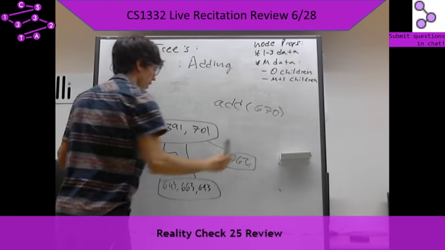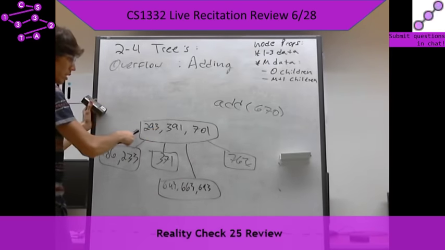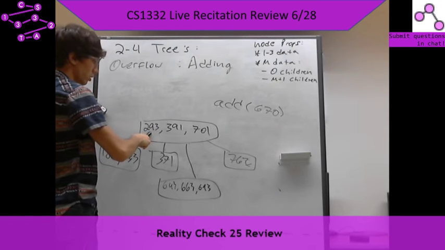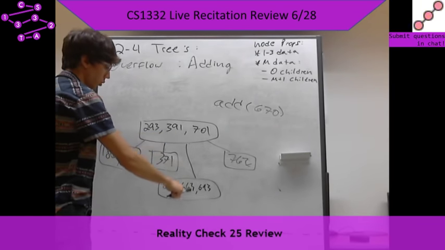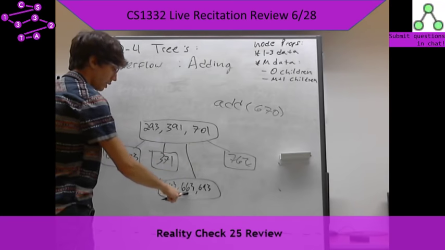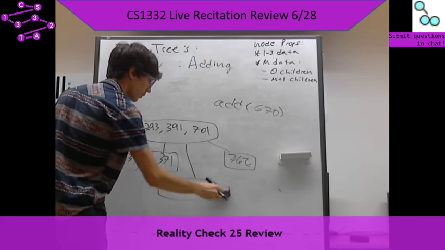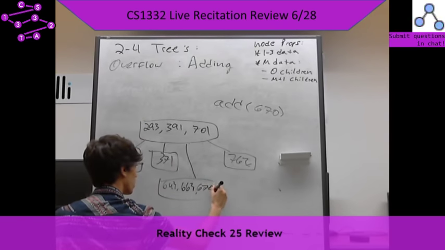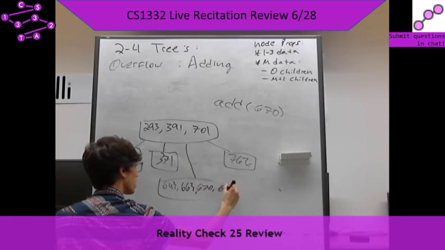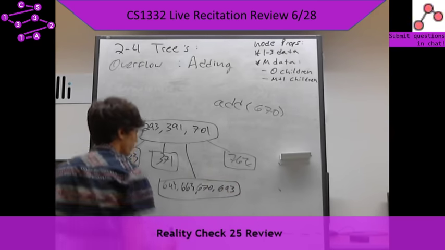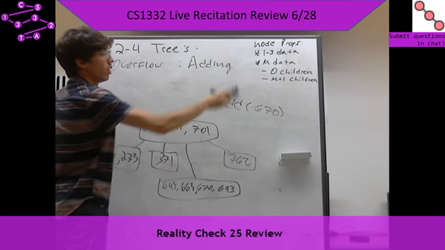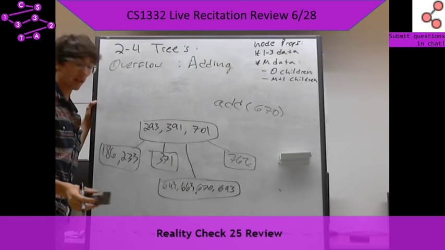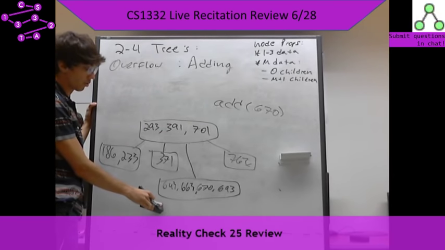Now we're going to do the operation add 670. Right? So we'll recurse through our tree. We'll come here. We'll realize that, so greater than, between these two, we're going to come down here. And 670 ends up next to 693. Uh oh, we have more than 3 data elements in our bottommost node, right?